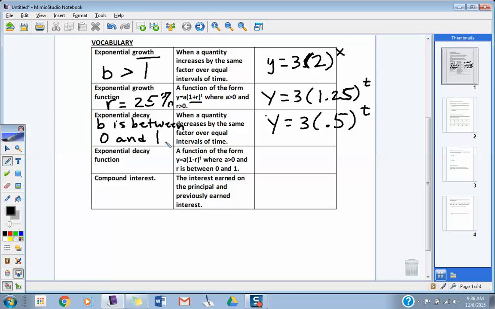So for an exponential decay function, instead of adding a percentage, what if I say something decreases at a certain percentage? Do you think we're going to add that percent, or you're going to subtract that? You bet. Exponential decay function. Again, let's pretend our rate is 25%.